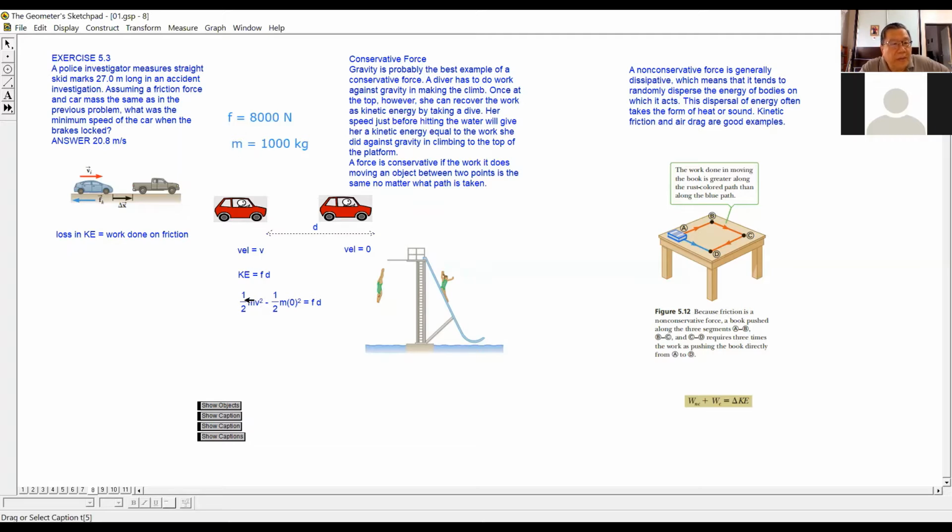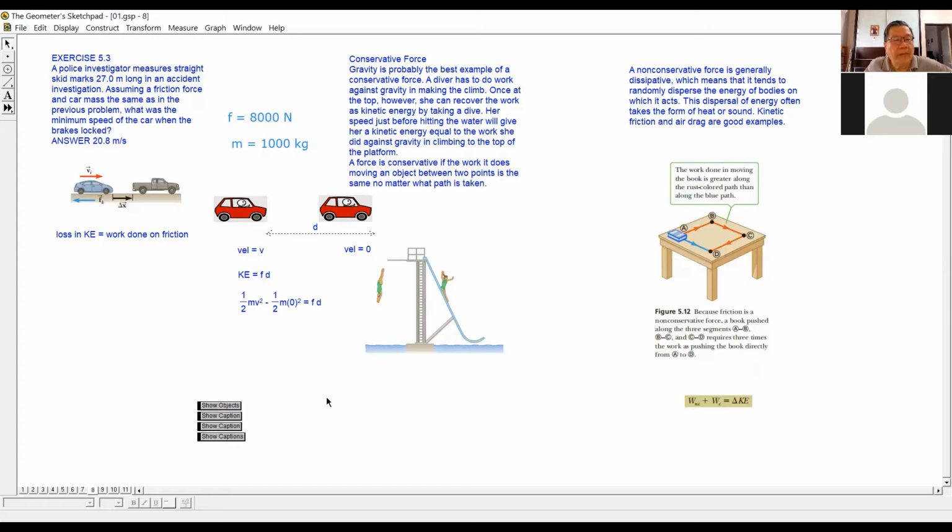So the kinetic energy is the work done. m is 1,000. v, we don't know what the velocity is, right? This one is still zero. The force is 8,000, and the distance is 27. So can you calculate the v? Use this equation. You try. So 1/2 times 1,000.